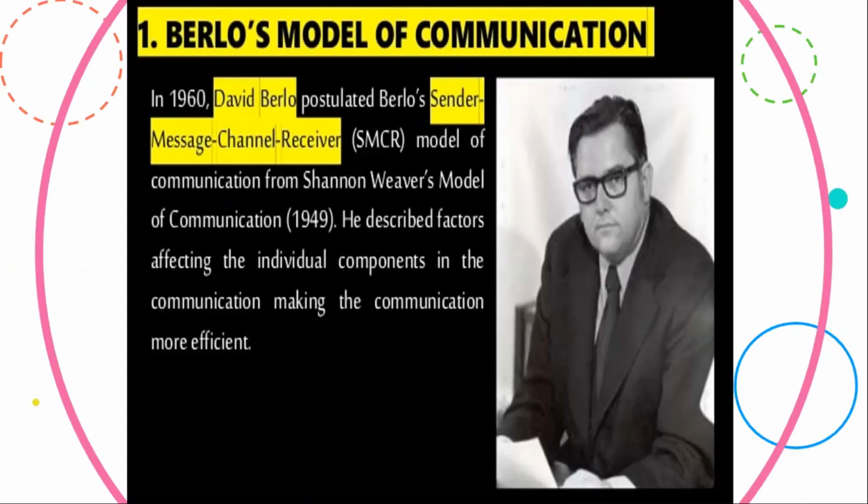And then the channel refers to the medium, how the information flows from the sender to the receiver. And lastly, the receiver: when the message reaches the receiver, he tries to understand what the speaker actually wants to convey and then responds accordingly. So that is the meaning of SMCR, or the sender message channel receiver model of Berlo's model of communication.